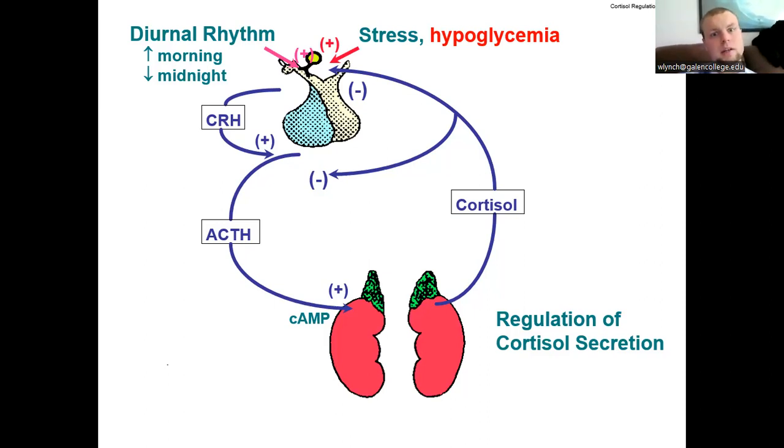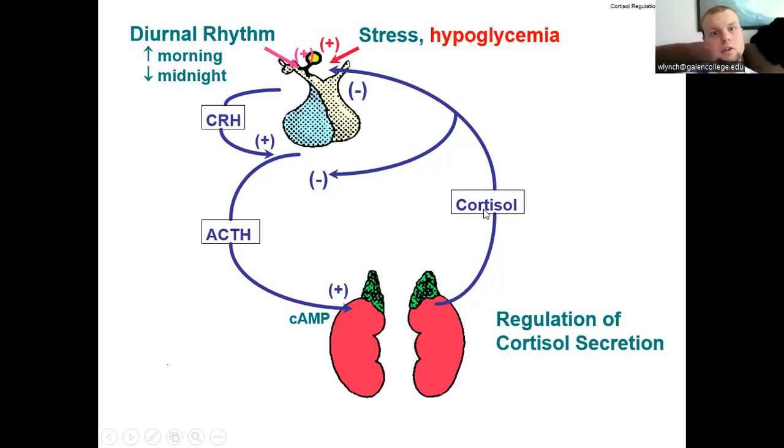The regulation is by short loop and long loop feedback. So we have corticotropin releasing hormone coming from the hypothalamus, stimulating adrenocorticotropic hormone released from the anterior pituitary. Then we have action on the zona fasciculata of the adrenal cortex, which is going to secrete cortisol.